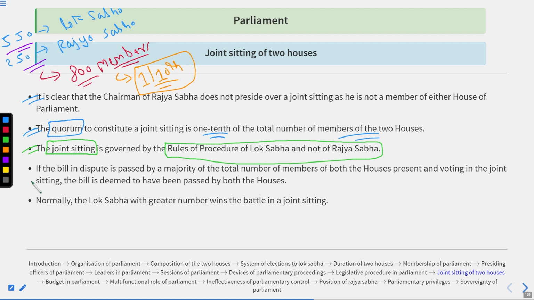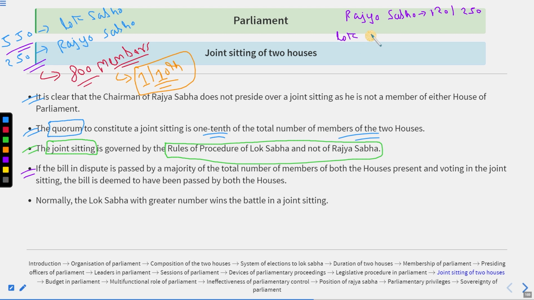Okay. Thereafter, if the bill in dispute is passed by the majority of the total number of members of both the houses present and voting in the joint sitting, the bill is deemed to have been passed by both the houses. Like the example we had taken, in the Rajya Sabha, out of 250, 120 members supported it.